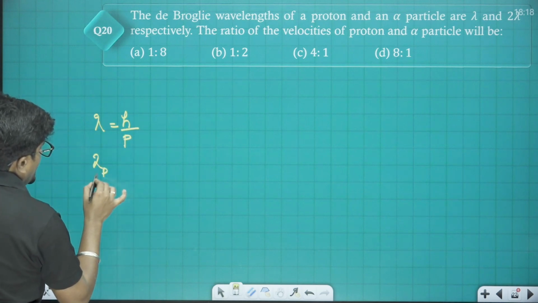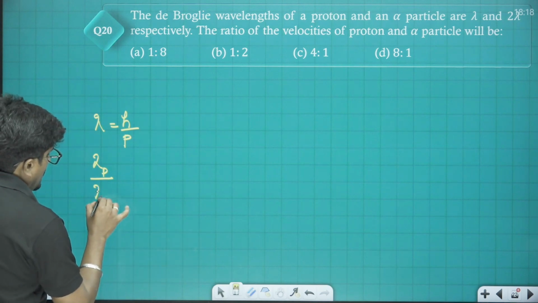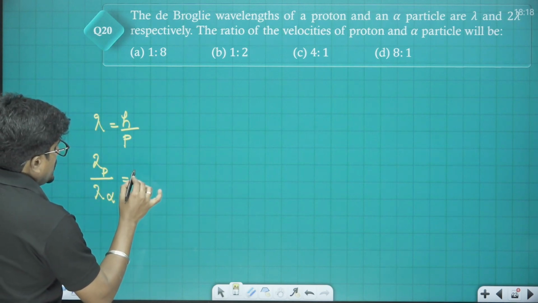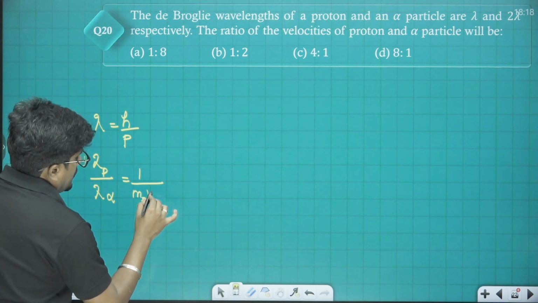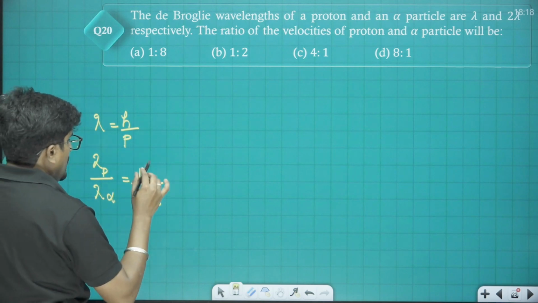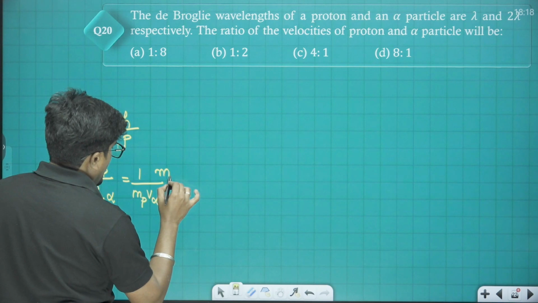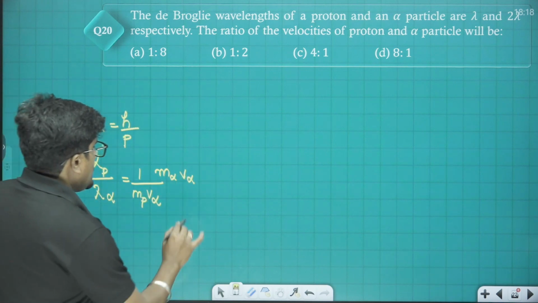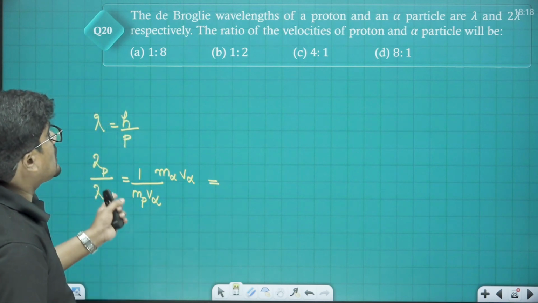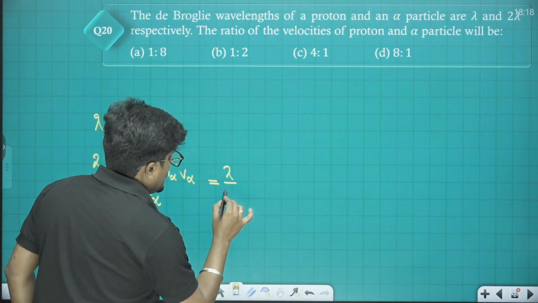So lambda of proton and lambda of alpha particle will be 1 upon mass of proton into velocity of proton, multiplied by mass of alpha particle multiplied by velocity of alpha particle. Here the wavelength ratio is given as lambda upon 2 lambda, lambda by 2 times lambda.